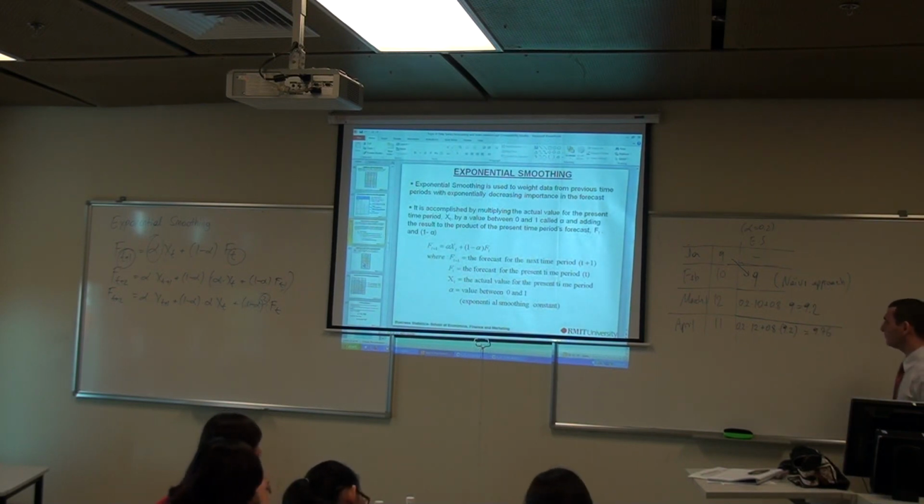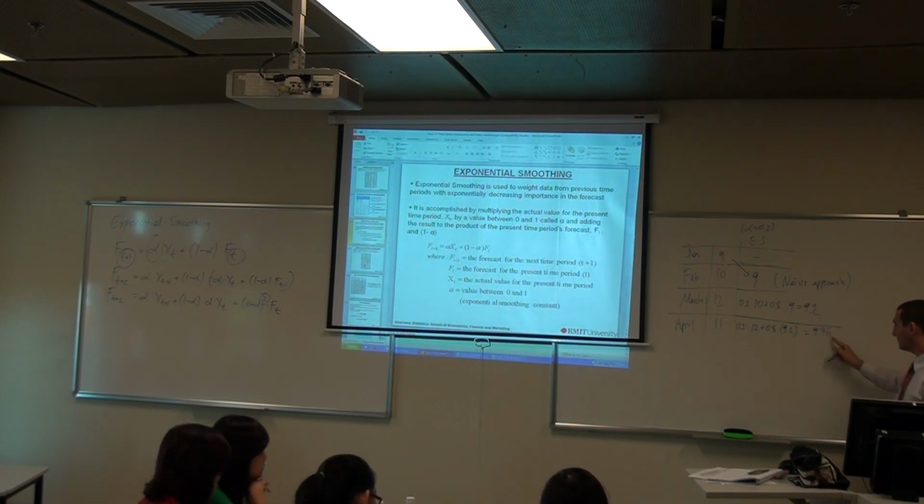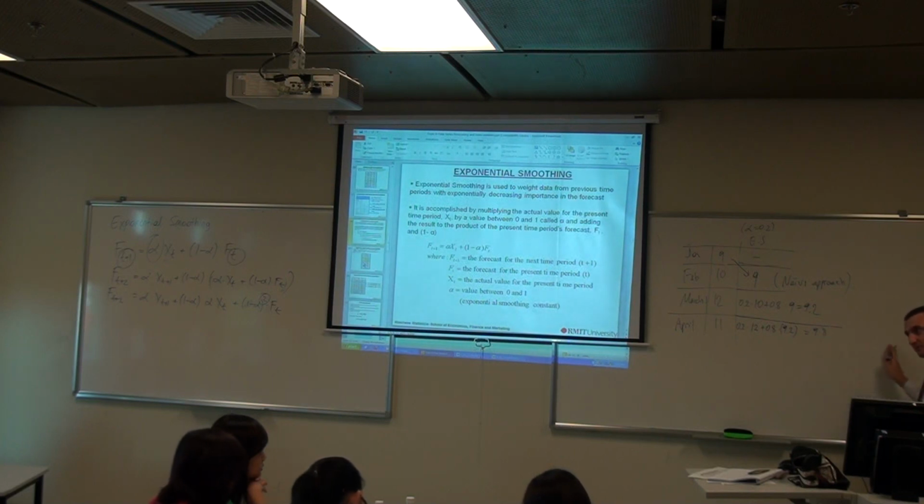My suggestion to you is, because it's exponential, the digits will keep increasing here. Keep them at 1 digit, keep it simple. 9.8. Otherwise, every time you will have 1 more extra digit. It's not very important, so just keep it simple.